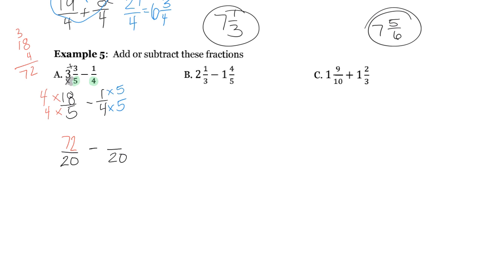So 1 times 5 is 5. So what's 72 minus 5? Because that's our next step. Subtract. 72 minus 5 is 67 twentieths. How many times does 20 go into 67? 3 times with 7 left over. And that's our answer.